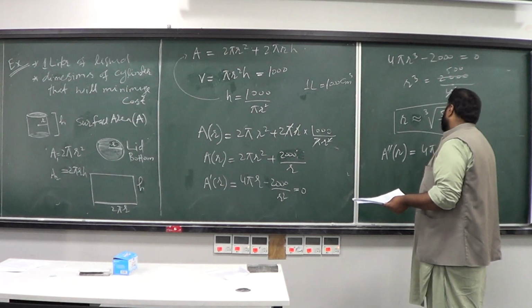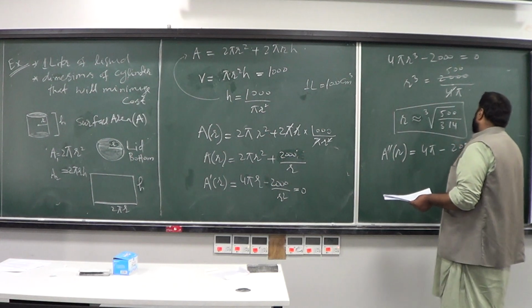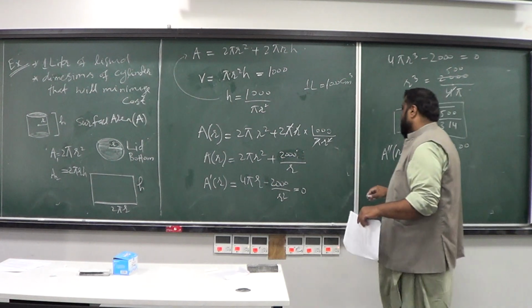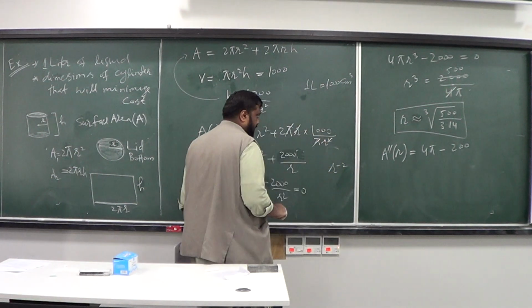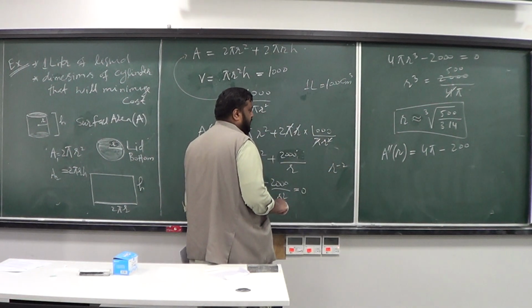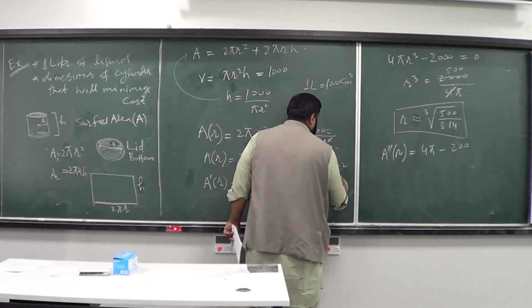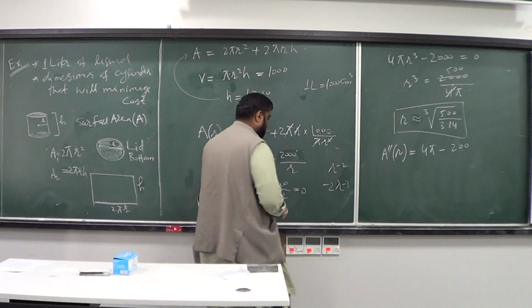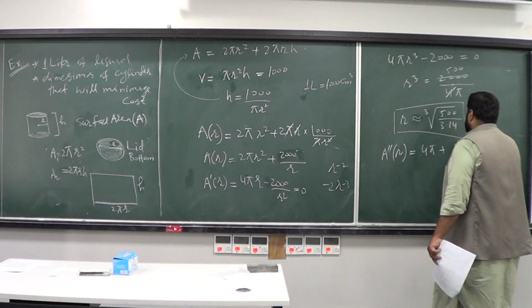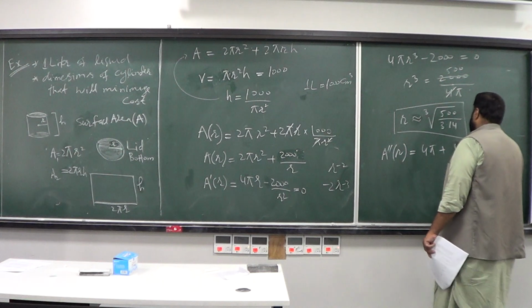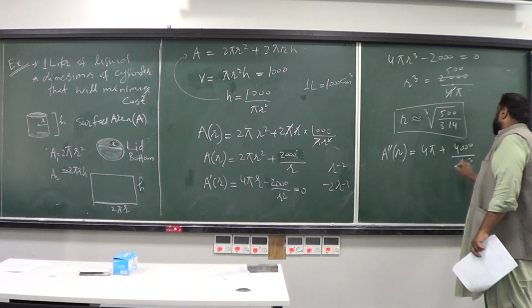4 pi, minus 2000, and now we have r power negative 2. The derivative of r power negative 2 is going to be minus 2 r power negative 3. So this is going to be plus 4,000 divided by r cube.